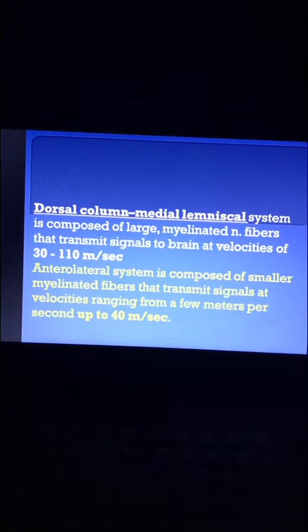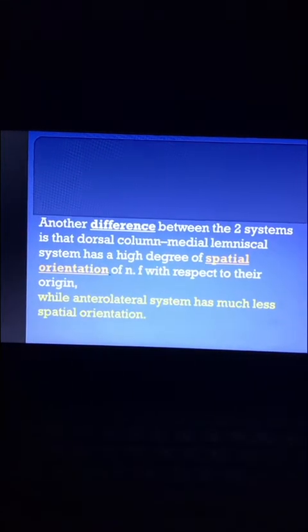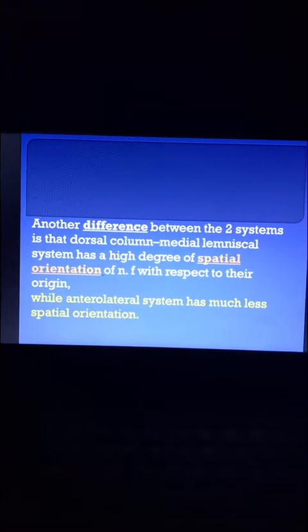Its conduction velocity is lower than the dorsal column medial lemniscal system.